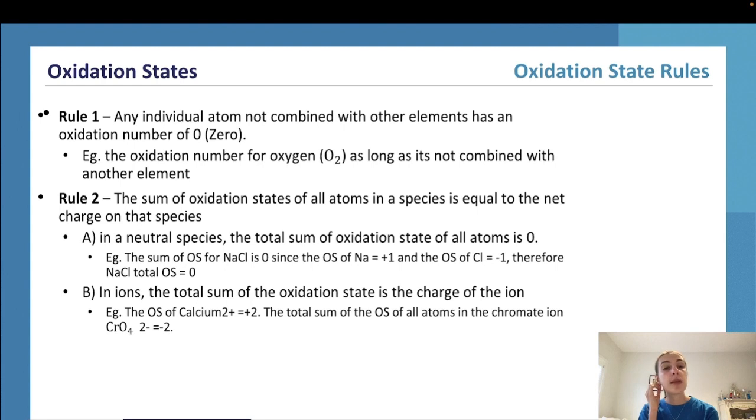And so the chromium, you need to have the appropriate value such that you can get from -8 to -2. So you need to determine what's the difference between -8 and -2. That means that when you add the oxygen ion charges and the chromium ion charges, they add together to get -2. So if you've got -8 for the oxygen, you're then going to have +6 for the chromium, because -8 plus 6 is going to give you -2.